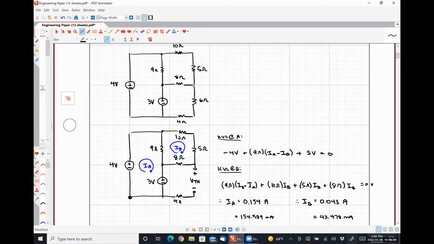So I believe the division there likely comes from the fact that the coefficient of the constant term for your first equation, when you move the -4 volts over, is going to look like +4 minus 3 is +1. But I bet that if you put it as -1, you would get negative values for both things. That's really the only place I could see where that might come in.